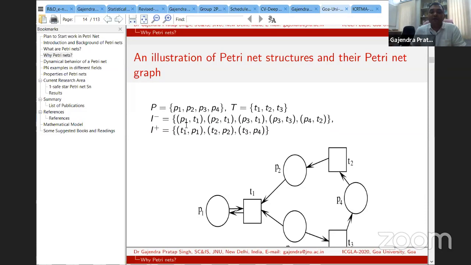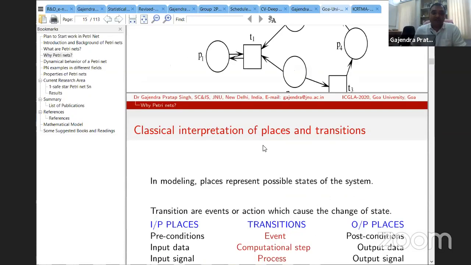That means the arc from P1 to T1 is 1. Similarly, the arc from P2 to T1 is also an element of I minus. I plus means T1 to P1; the T1 to P1 element is there. That is the expression of the Petri net graph of these structures.